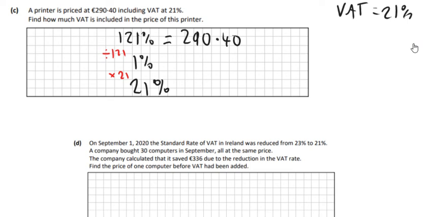So it'll be 290.40 over 121, all times by 21, and your final answer should be €50.40. Again, it's a lot of calculator work.